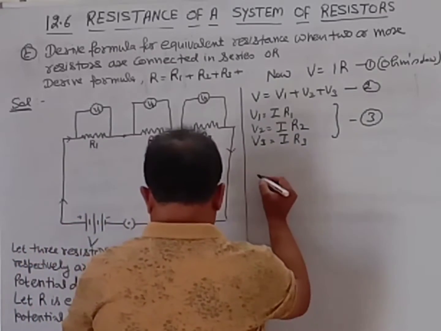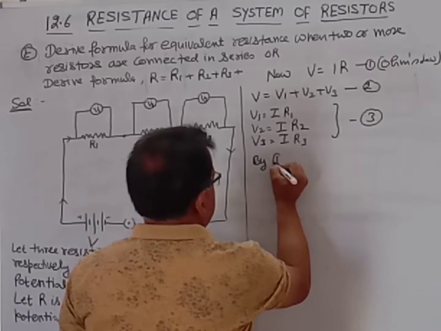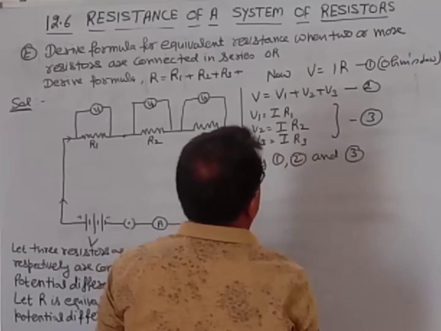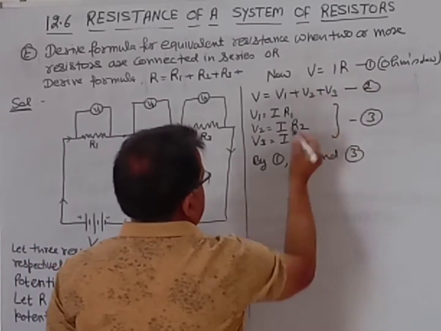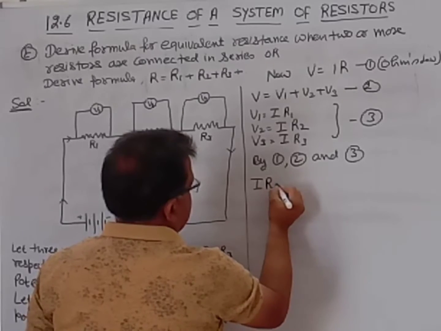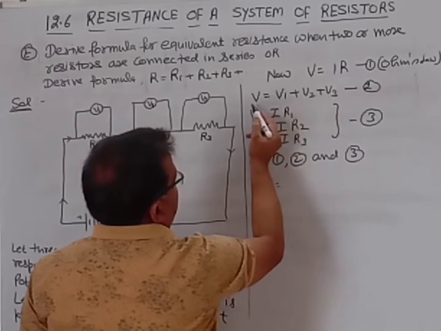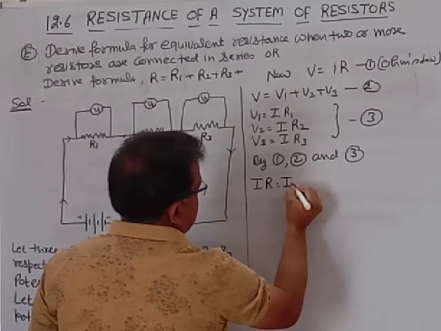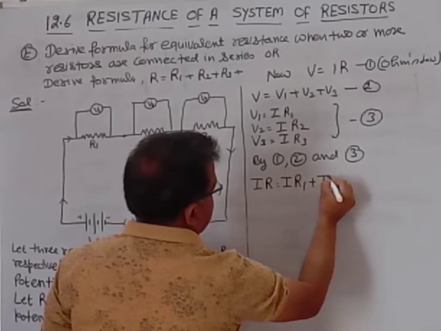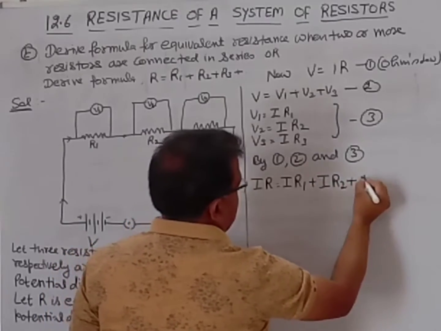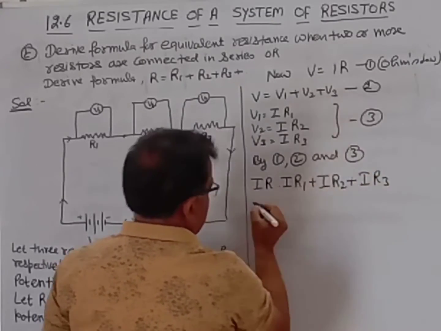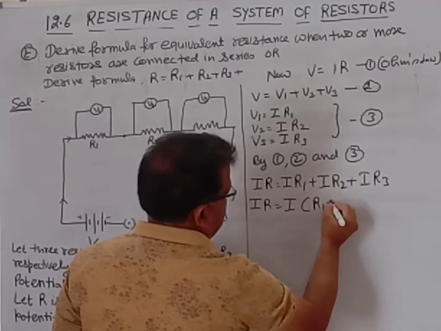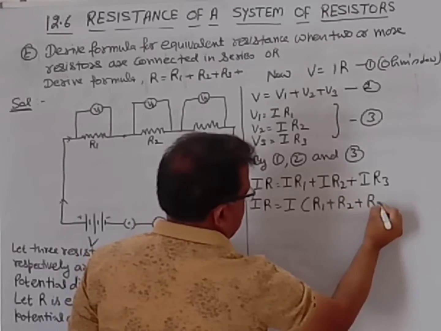So by 1, 2 and 3 we will have IR which is equal to V, but V is equal to V1 plus V2 plus V3, and the value is IR1 plus IR2 plus IR3, or I is common here, I times R1 plus R2 plus R3.